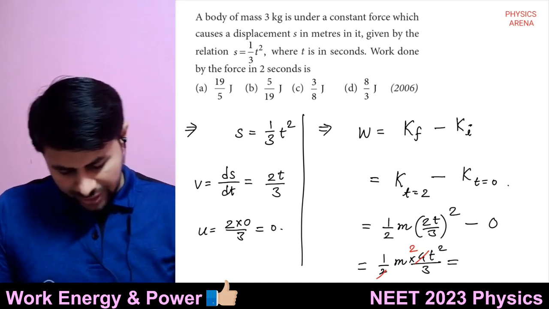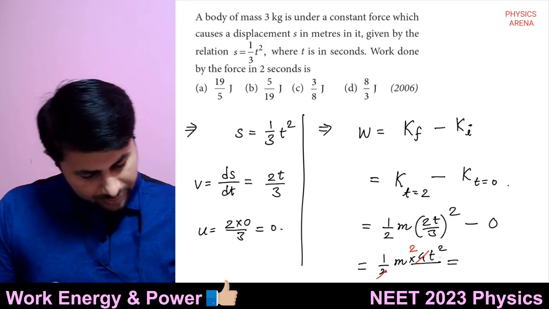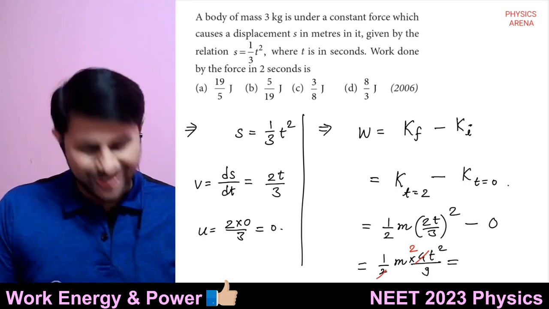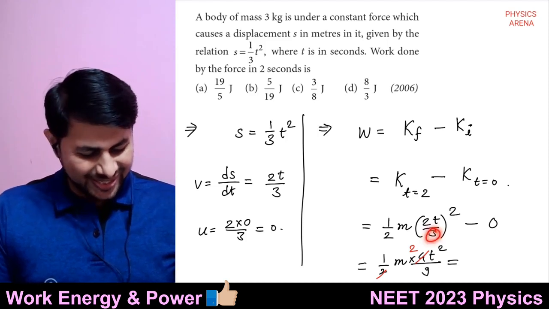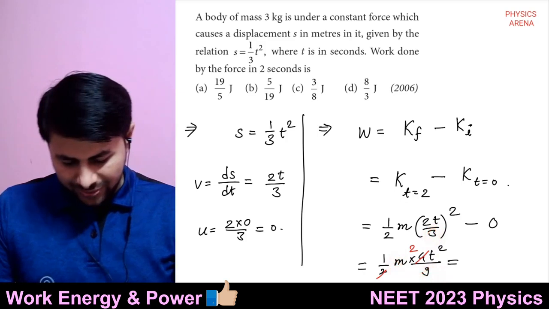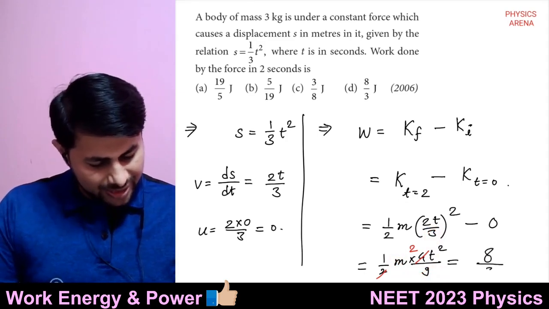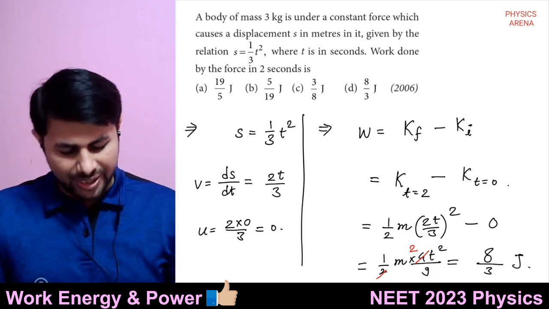Oh no, I have to take square of this thing also, no? Sorry. It will be 9 here, 3 square. So mass is 3, so you will have 8 divided by 3. 8 divided by 3 will be the answer.